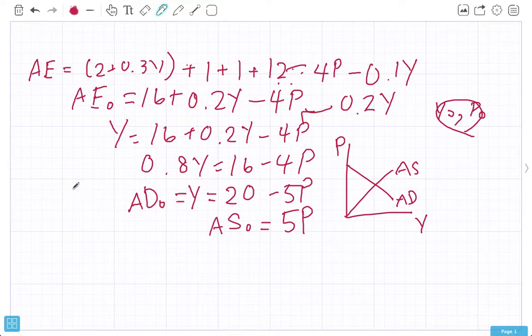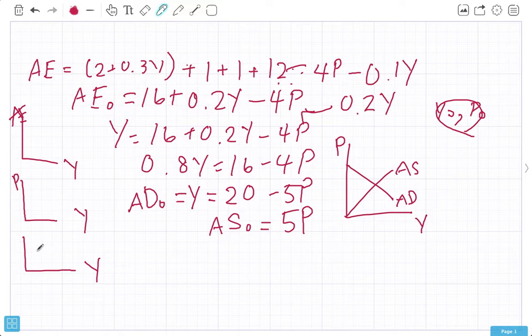And when it says to graph 3 graphs, you usually stack them on top of each other like this, because on your x-axis you'd have Y on all 3 graphs, and for the AE graph you'd have AE on the y-axis, you'd have price level for the AD-AS graph, and your NX for your net export graph.